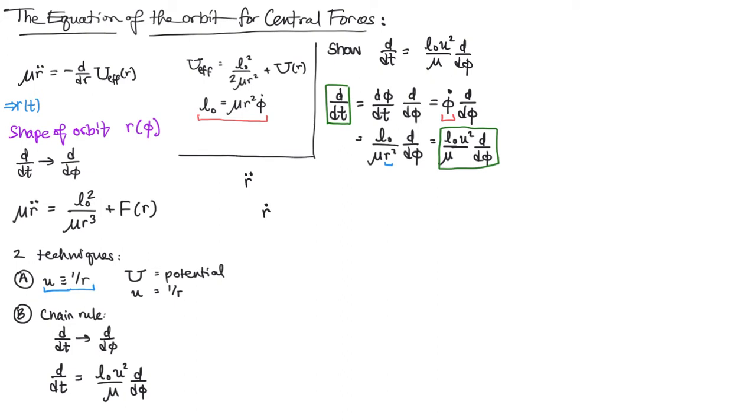So we have r dot is equal to d dt of r, the time derivative of r, but we have an expression now for d dt, and that expression is L naught u squared over mu d d phi. Now, r itself, remember, is 1 over u, so I'm going to apply that here.